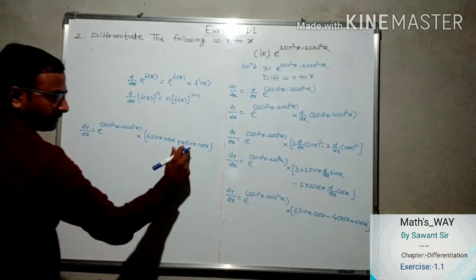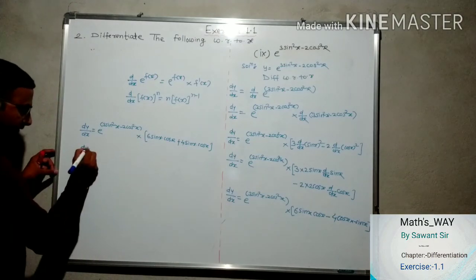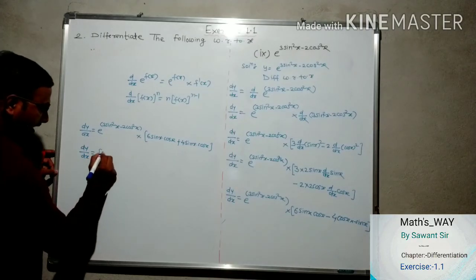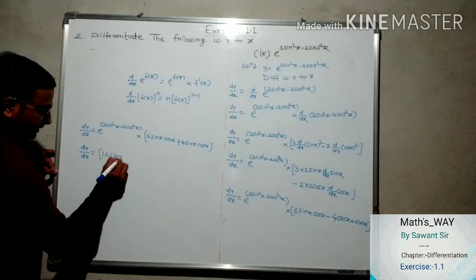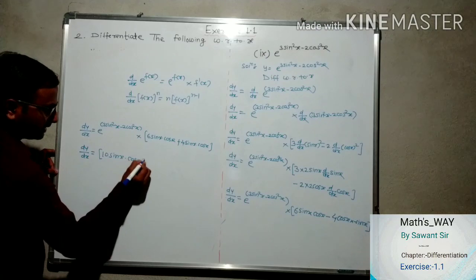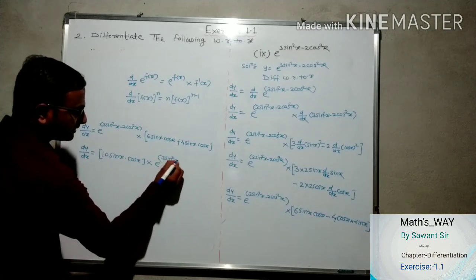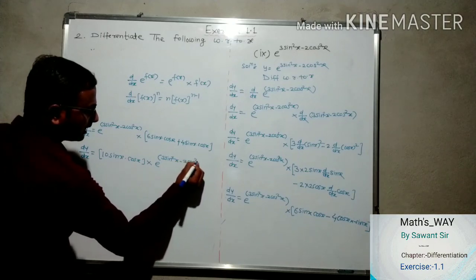Okay, so 6 plus 4 is 10. So that is dy by dx is equal to 10 into sin x into cos x into e to the power 3 sin square x minus 2 cos square x.